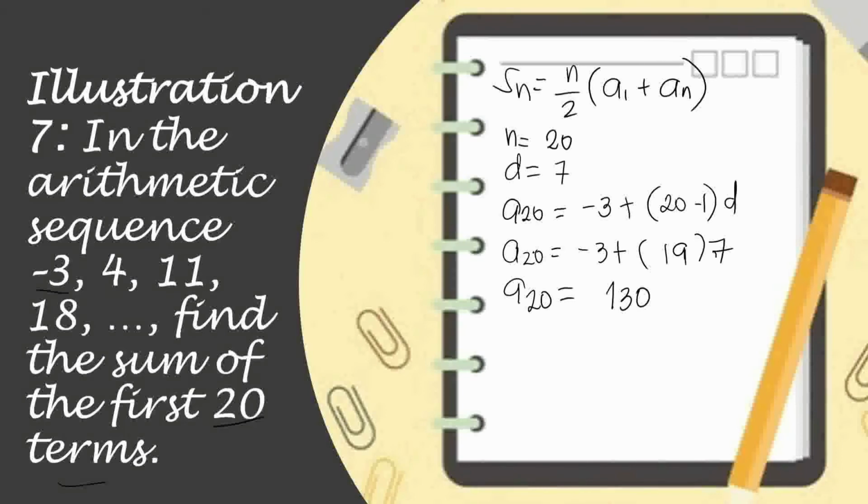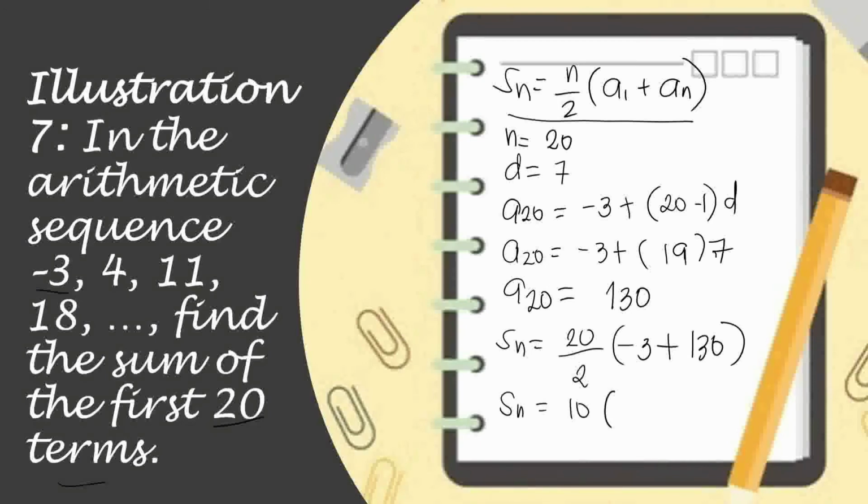So, may value na tayo ng a sub n, which is 130. So, direct substitute na lang dito sa ating formula. S sub n is equal to 20 over 2 times a sub 1, which is negative 3, plus 130. S sub n is equal to 10 times 130 minus 3, is 127. So, S sub n is 1,270. So, ito yung sum ng 20 terms ng arithmetic sequence na to.